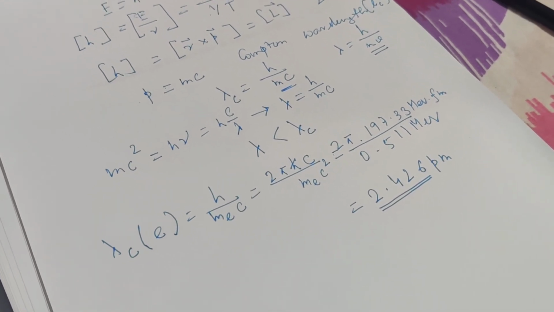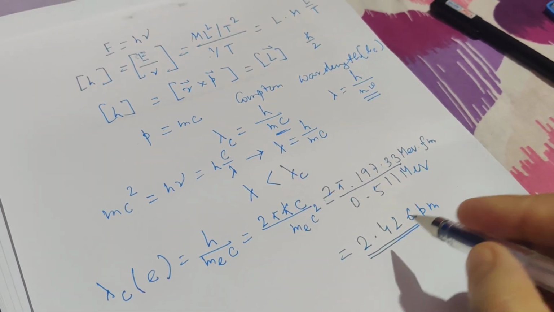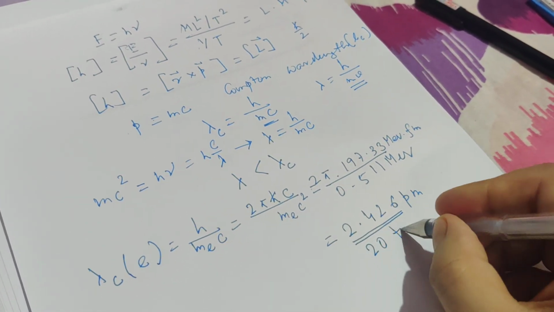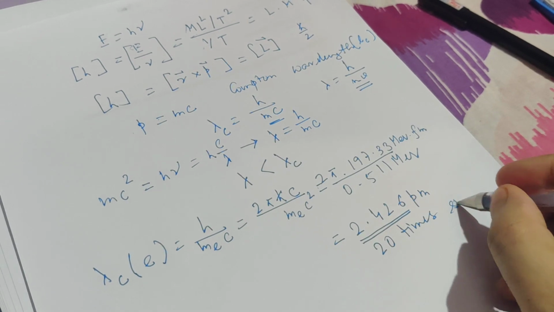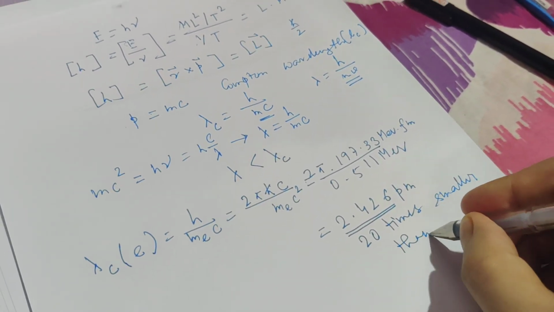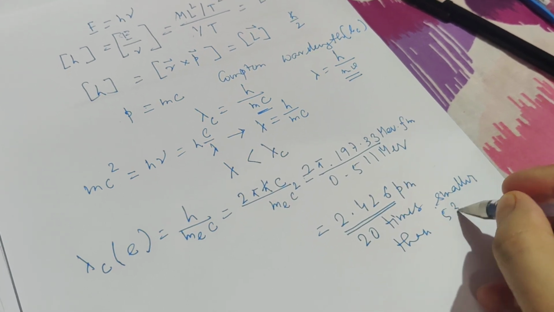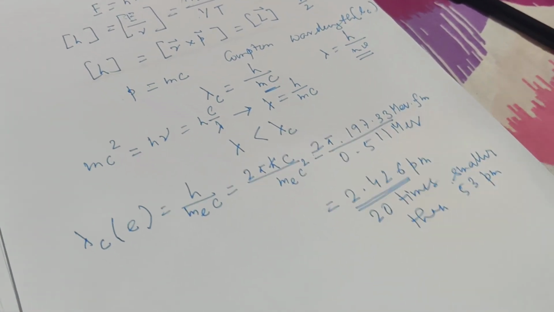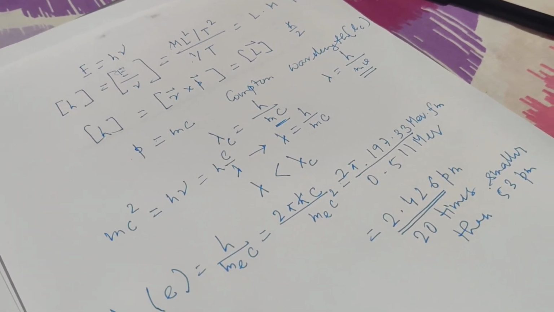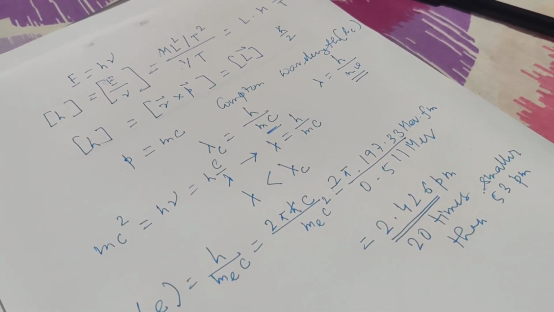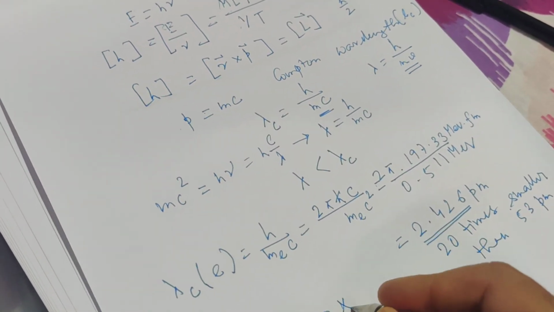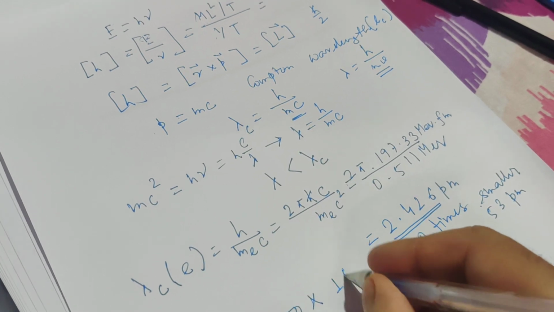The length is about 20 times smaller than the Bohr radius, that is 53 picometer, and another length scale is that it is about 2000 times the size of the proton, that is 1 femtometer.